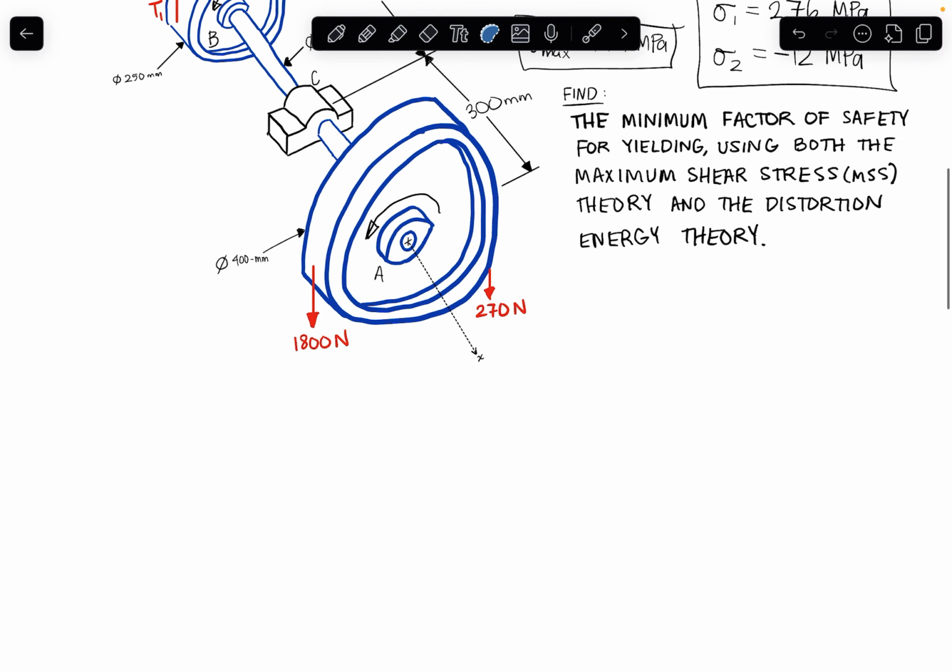So for the first part of this problem, it asks us to determine minimum factor of safety using the maximum shear stress theory. So let's start with that one. And the maximum shear stress theory says that our safety factor is equal to our yield strength divided by 2 times our maximum shear stress, which is also equal to the yield strength, excuse me, divided by sigma 1 minus sigma 3.